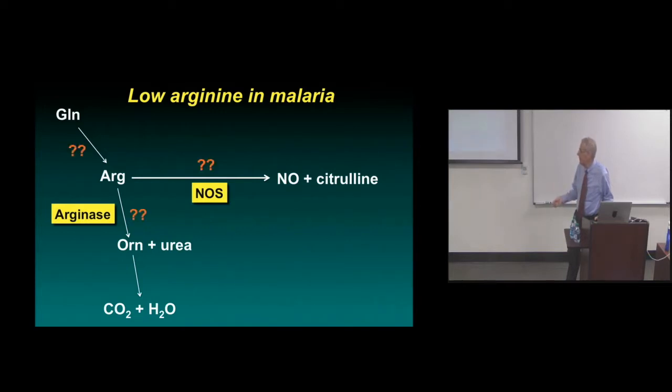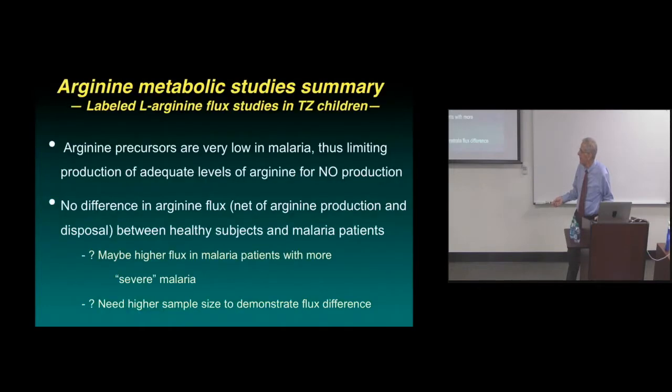And in some complicated studies, we measured this with the help of Dr. Millington and his coworkers in pediatric metabolism here, using labeled arginine, so non-radioactive label of arginine, to do flux studies to talk about the turnover of arginine to see if it was really increased.